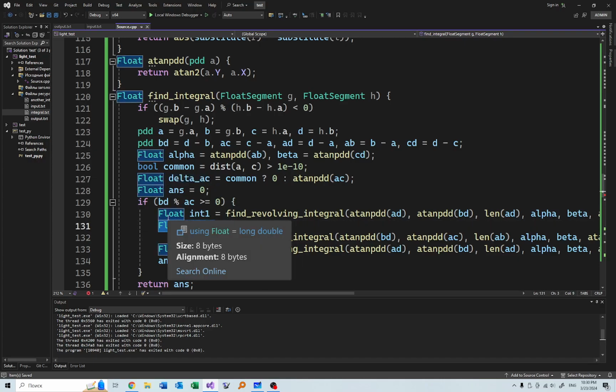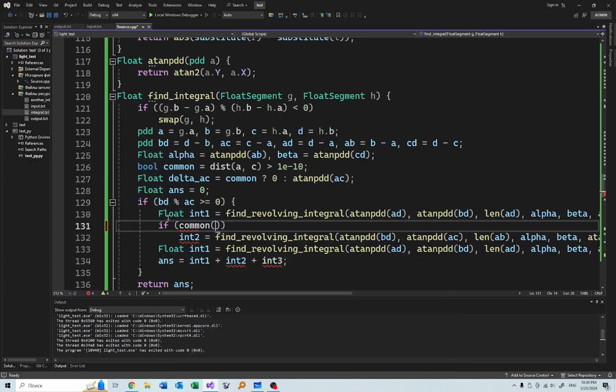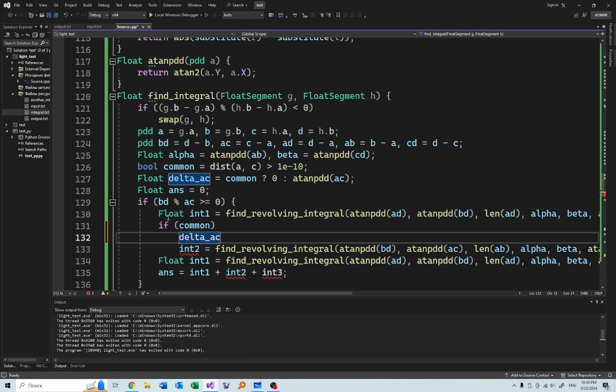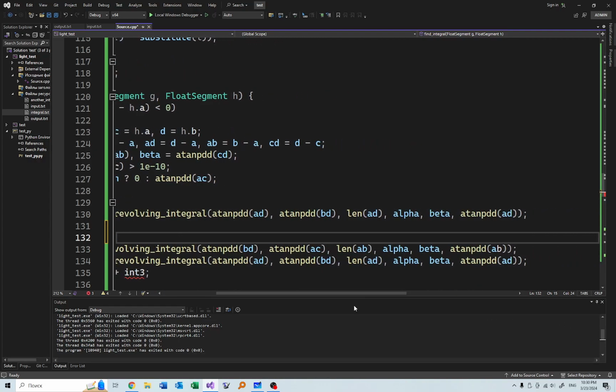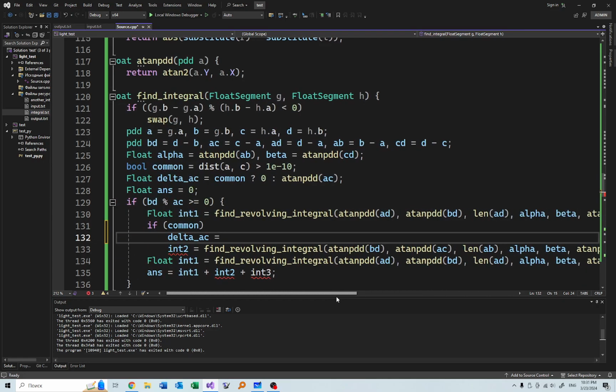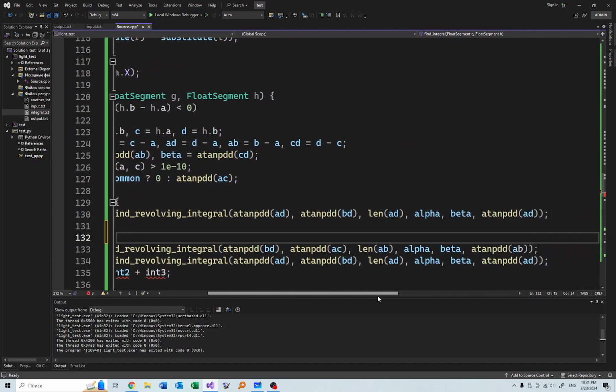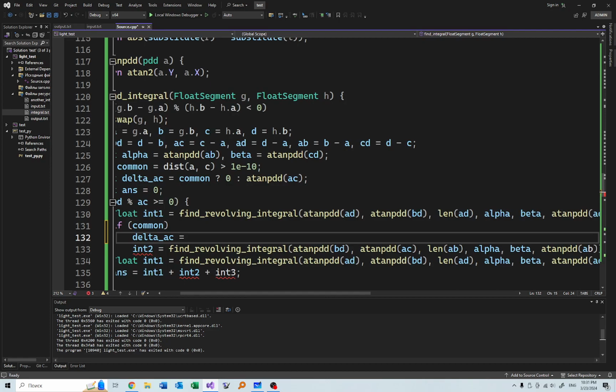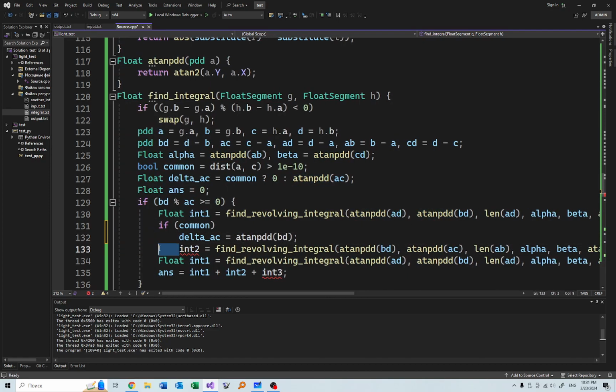So, for example, we can say that if common, then delta AC is the same as BD. I think BD, yeah. And then we say that floor in 2 is this.